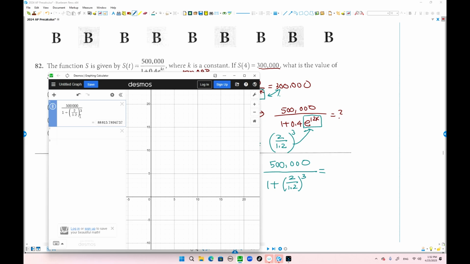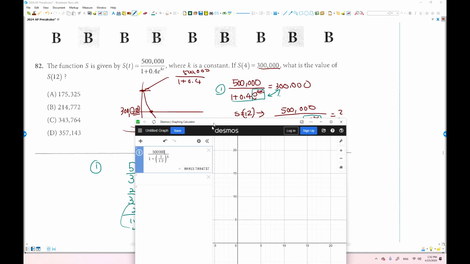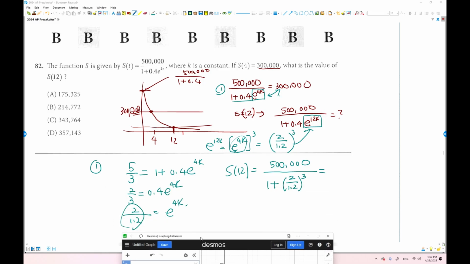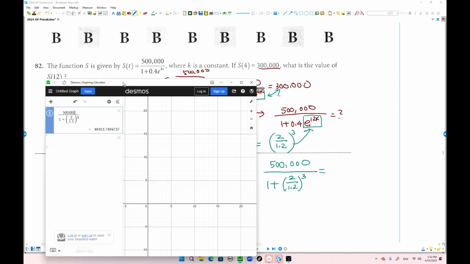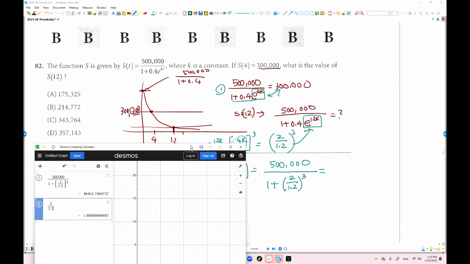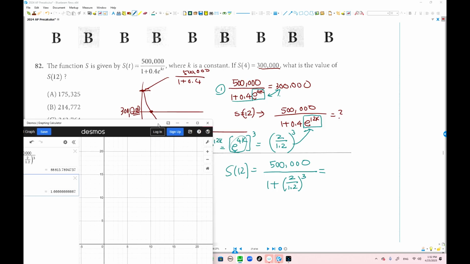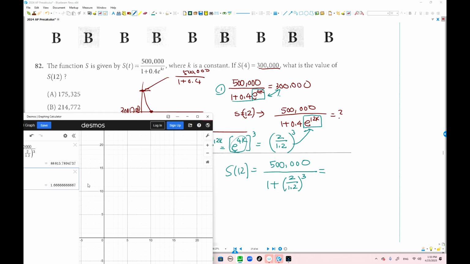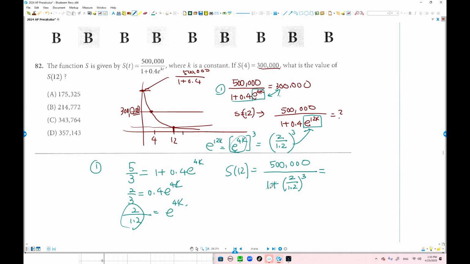What's wrong with this? I'm sorry, I forgot the 0.4 in 1 plus 0.4 times.